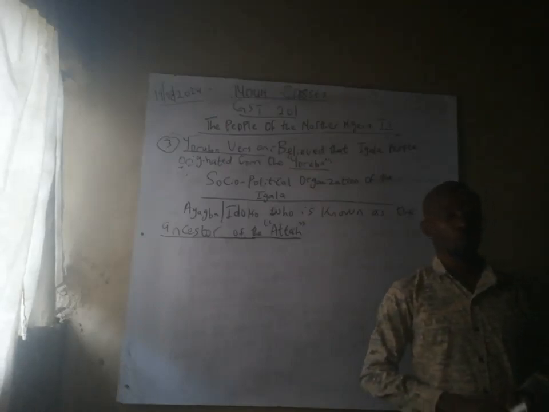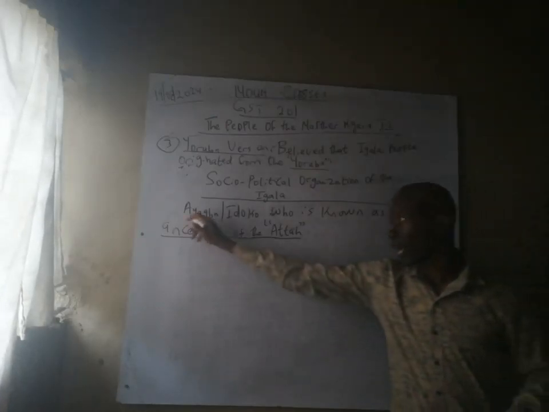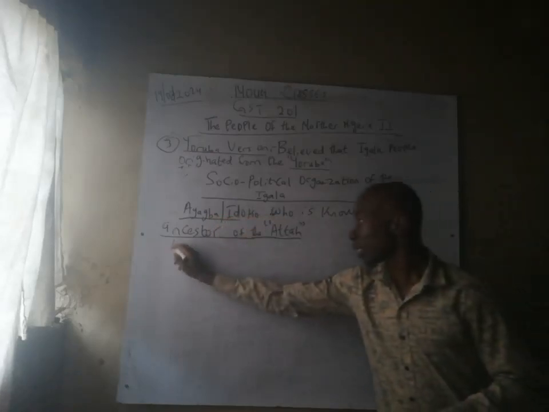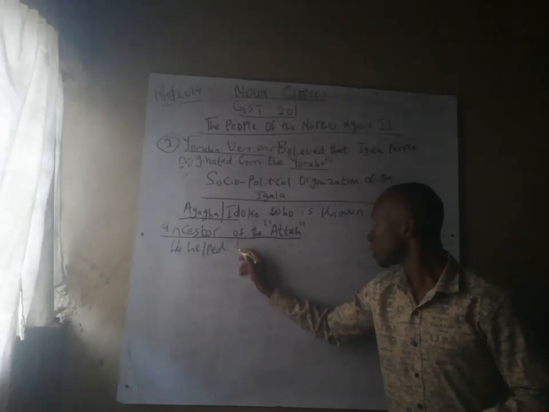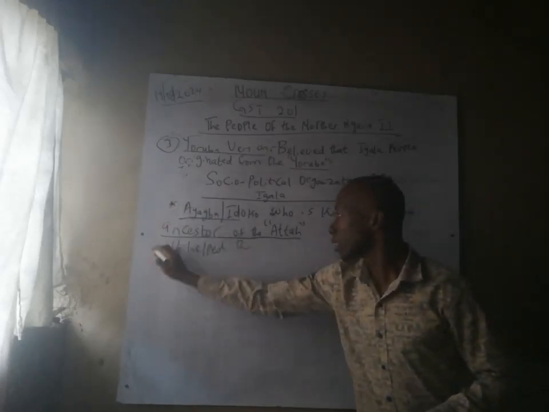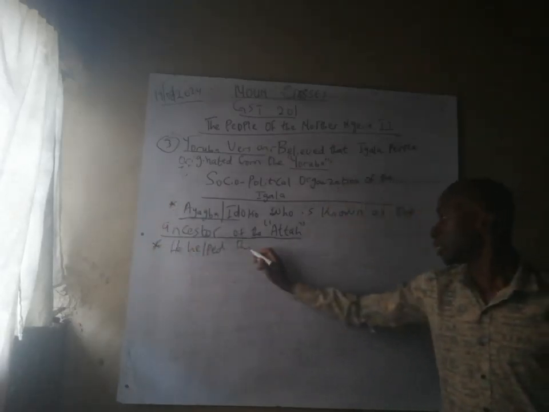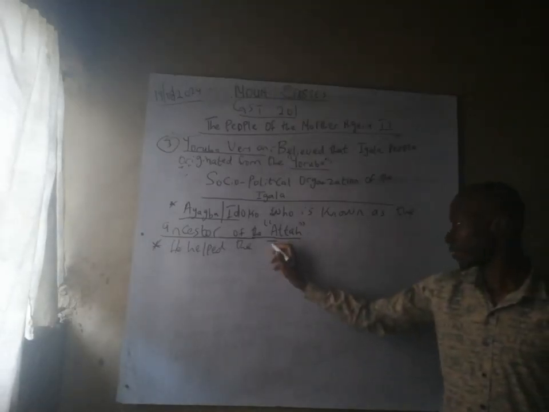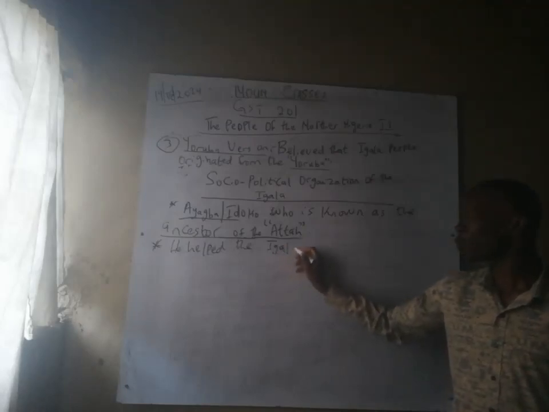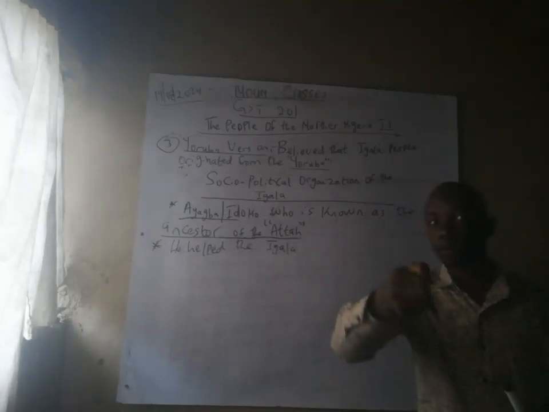Alright? Now, Ayagba helped the Igala people to break away from Jukun. Let's take note of all this. Don't forget the first one. We were talking about the first version, that they came from Jukun.